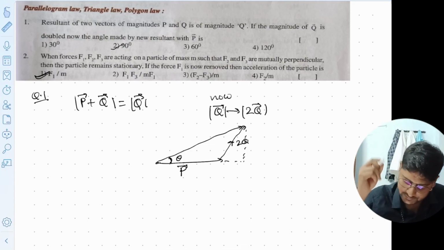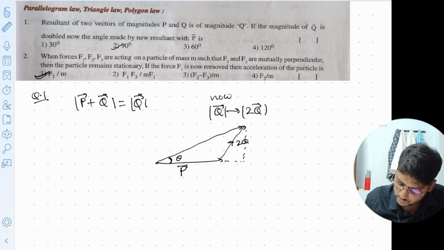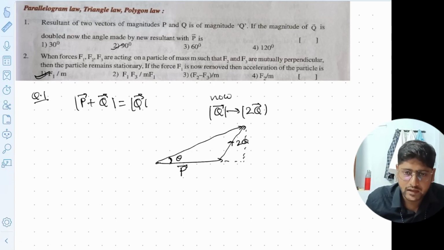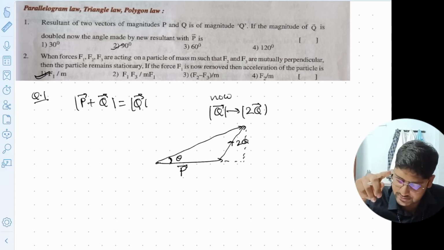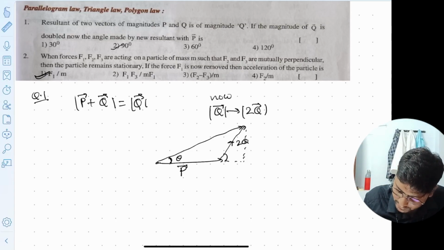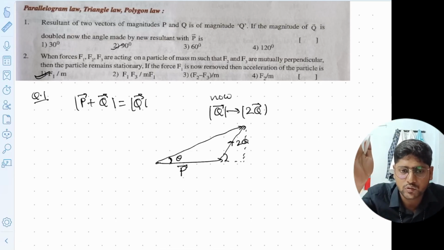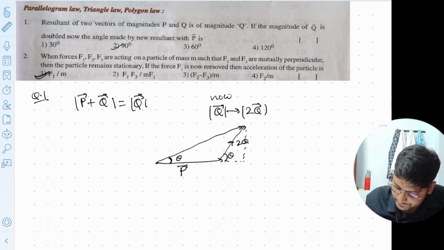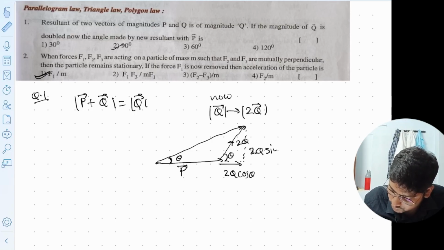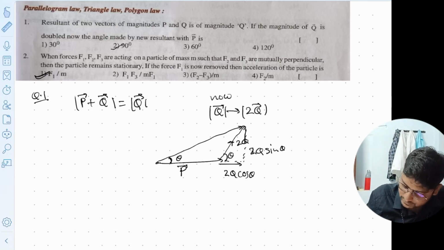We have to find this. If 2Q is there, the angle between P and Q is theta. The angle between P and 2Q will also be the same, because Q has just become 2Q. So theta. We can write this as 2Q cos theta, and this will become 2Q sin theta, this vector.